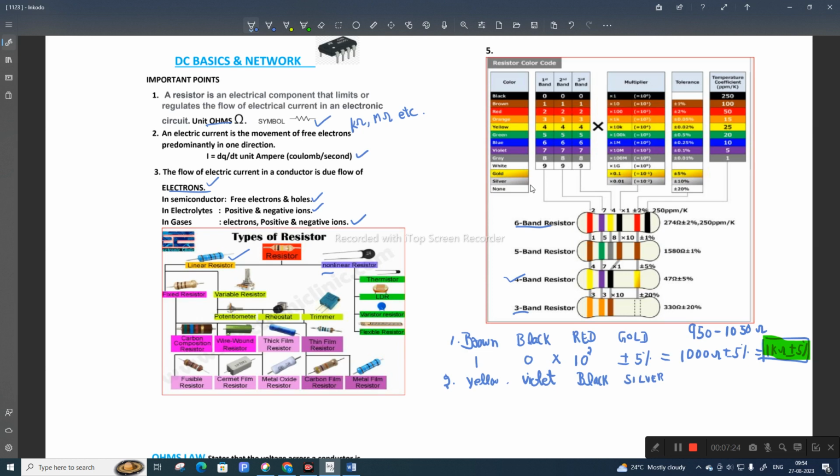For this, yellow is the color coded band value 4, violet is 7, and black is 10 to the power of 0. So in this case you have to multiply.